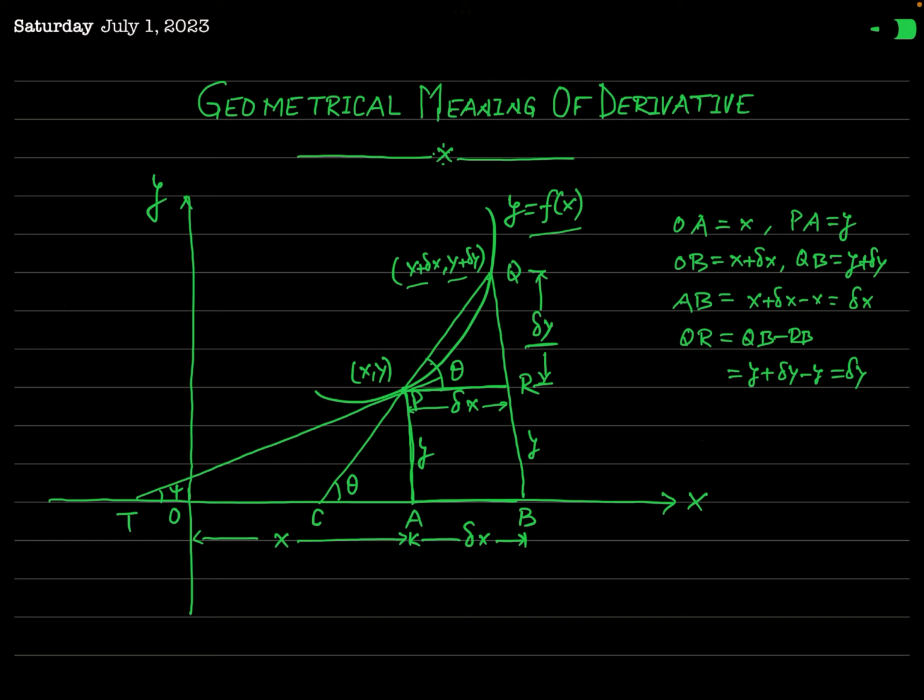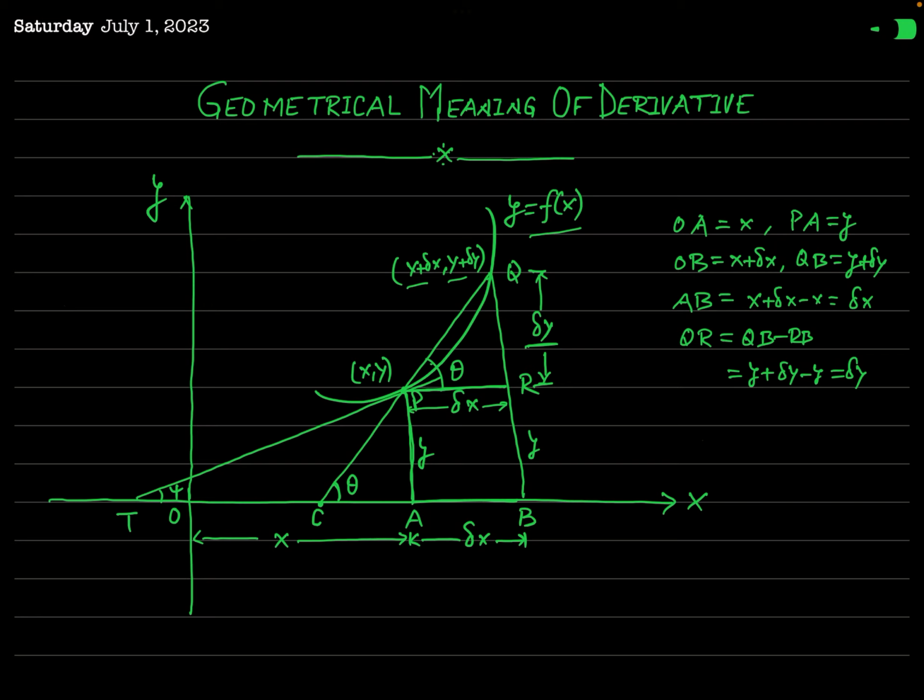Okay. Now let us join the point Q to P and proceed it. So after joining the points Q and P and after proceeding it, this line intersects the x-axis at a point C, as you can see in this figure. And this joining line actually makes an angle theta with the positive sense of x-axis. Okay.